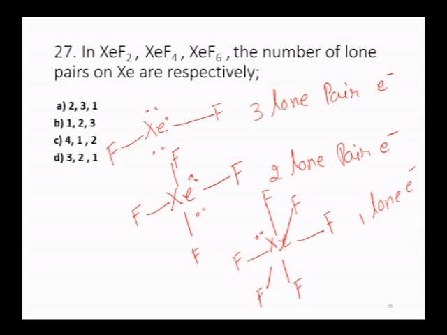So, xenon difluoride contains 3 lone pairs of electrons. Xenon tetrafluoride contains 2 lone pairs of electrons. Xenon hexafluoride contains 1 lone pair of electrons. So, order is 3, 2, 1. So, suitable answer among the following is D.